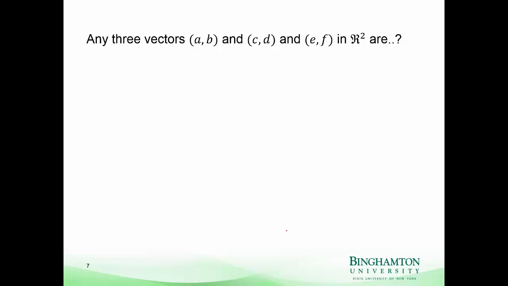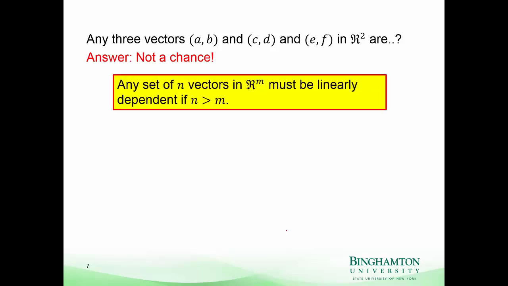So the maximum number of vectors that you can have in R2 that are linearly independent is 2. As soon as you add in a third one, you have made them dependent. So not a chance that they are linearly independent. Any set of n vectors in Rm must be linearly dependent if n is greater than m.